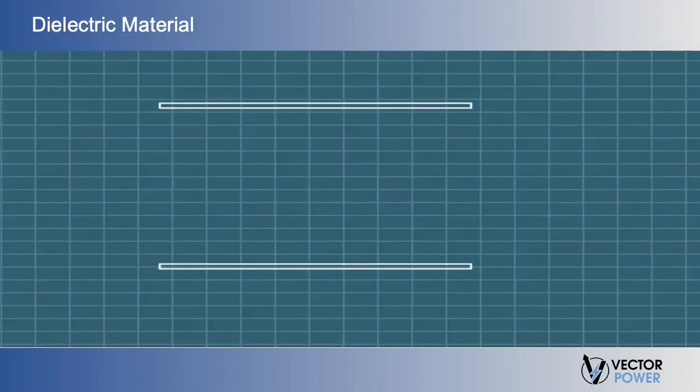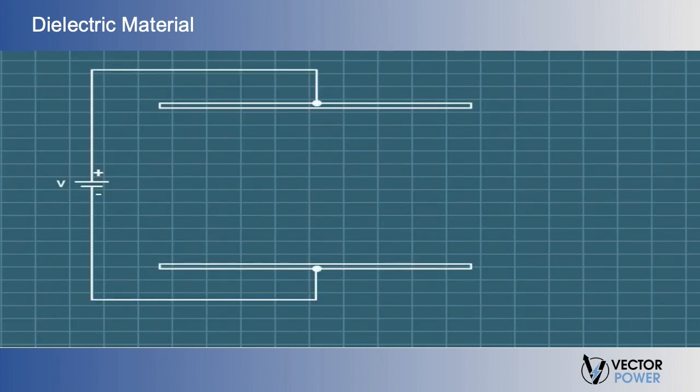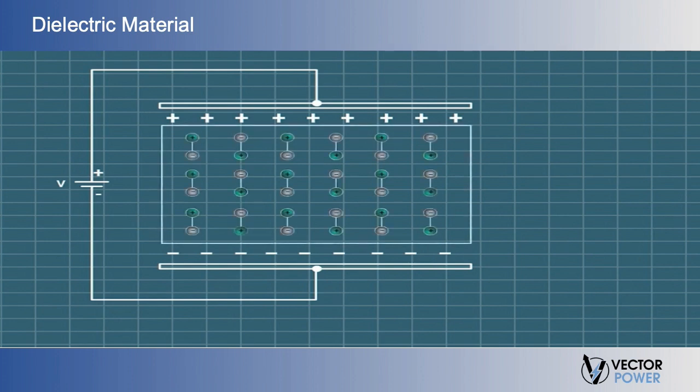Next, let's focus on dielectric material. Dielectric material refers to nonconductors or insulators in which an electric field can be sustained with minimum power dissipation. Unlike metals, no electricity flows in dielectrics when placed in an electric field. Instead, dielectric polarization occurs.